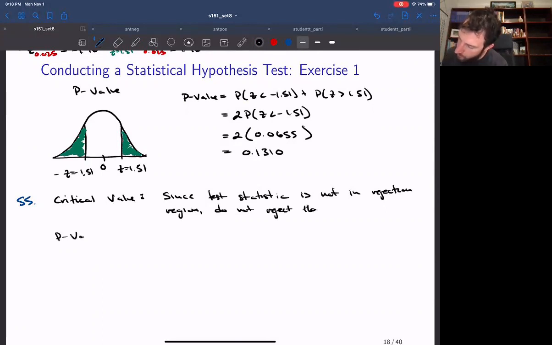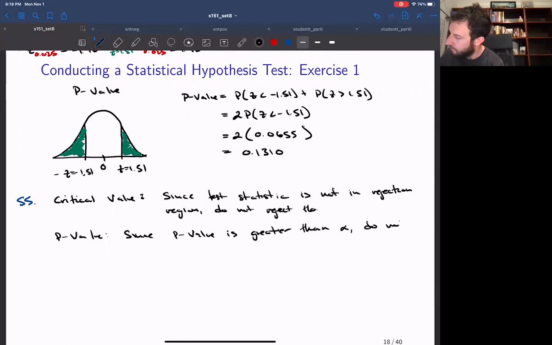If we took the p-value approach, we would say since the p-value is greater than alpha, do not reject H0. And that's pretty much it.